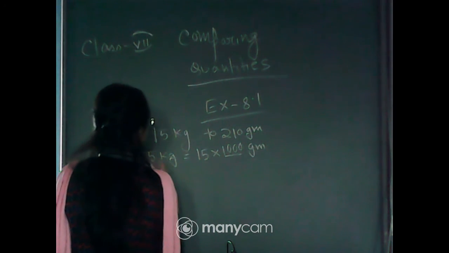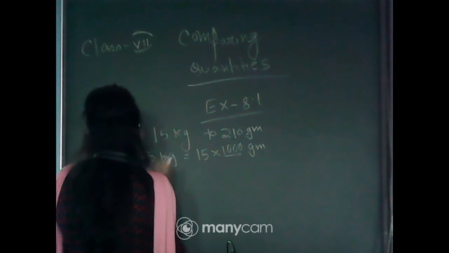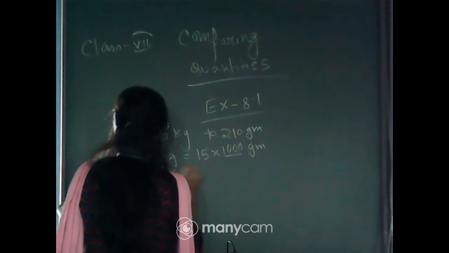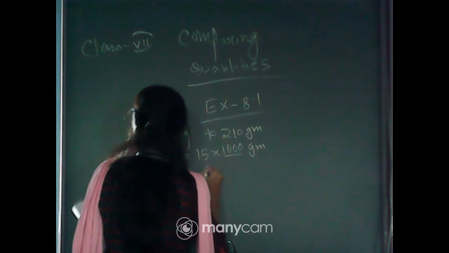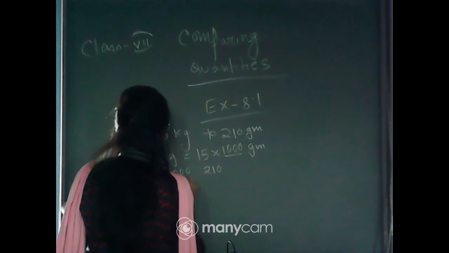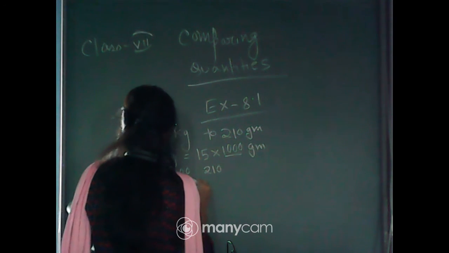Therefore, the required ratio is equal to 15,000 is to 210. That is equal to 1500 is to 21.